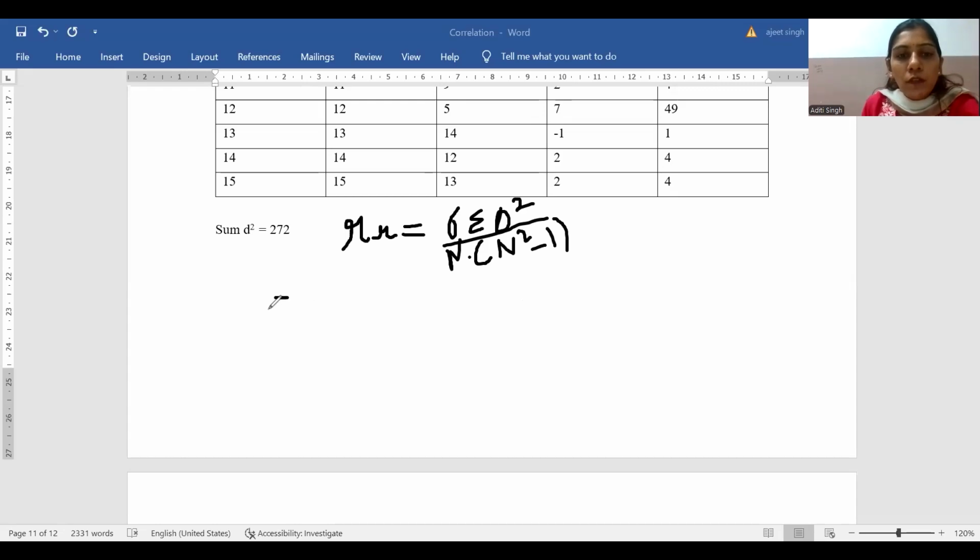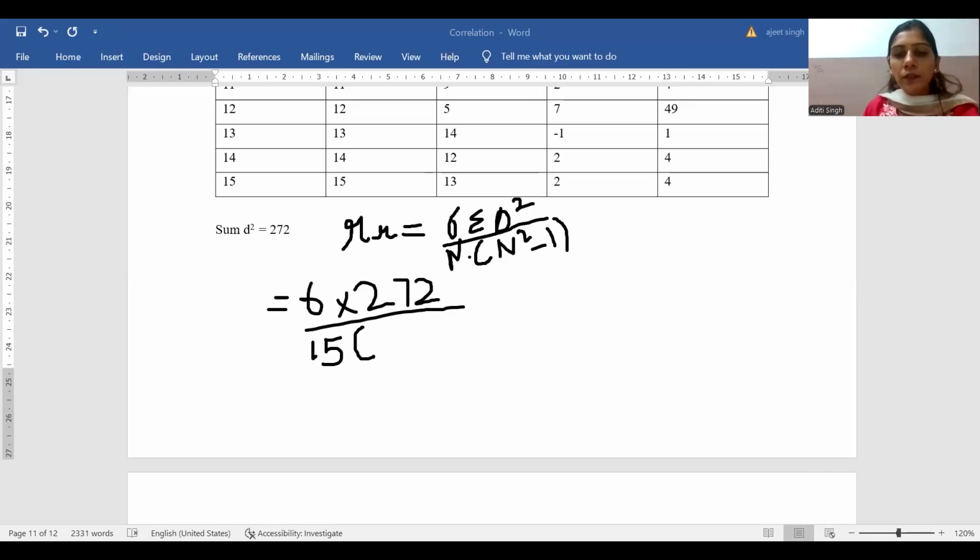So let's put all the values. 6 multiplied by sum of d square, which is 272. N is the number of observations, which is 15, multiplied by n square, which is 15 square.